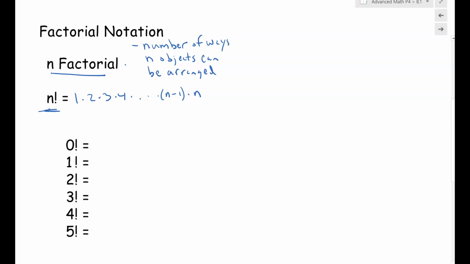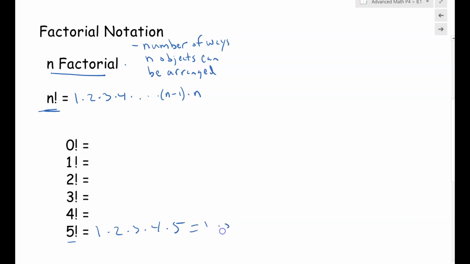For example, 5 factorial is 1 times 2 times 3 times 4 times 5. We can multiply that out: 5 times 4 is 20, times 3 is 60, times 2 is 120.